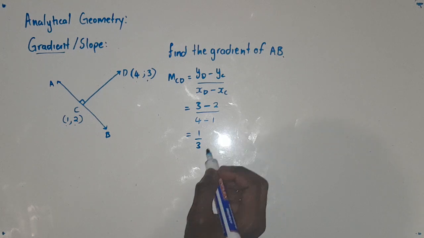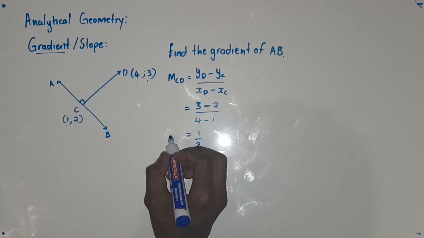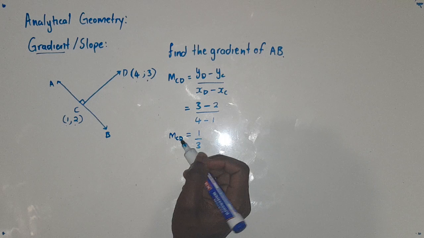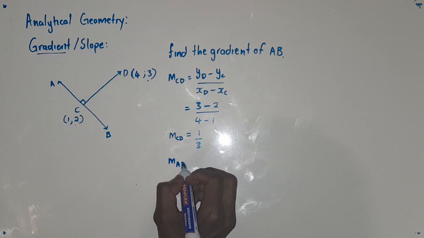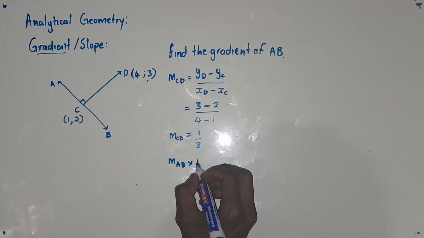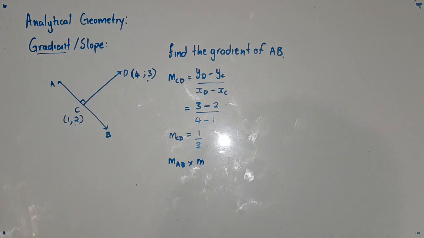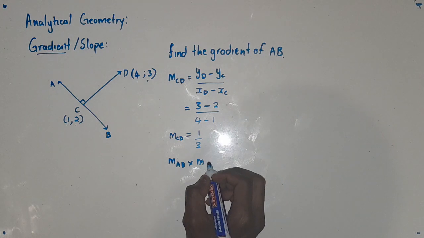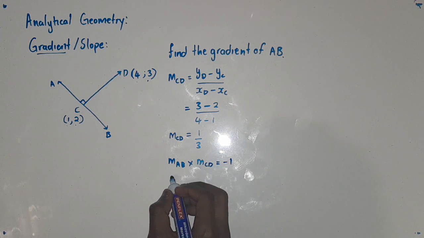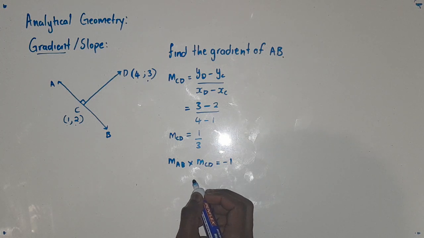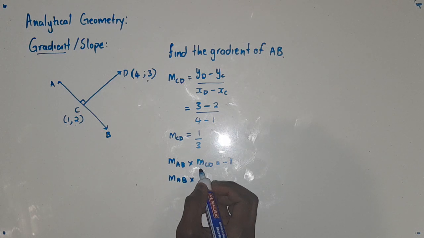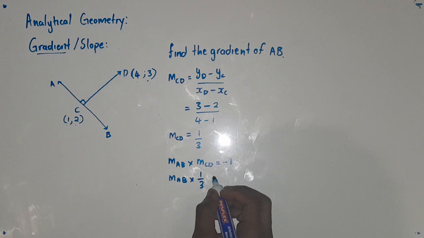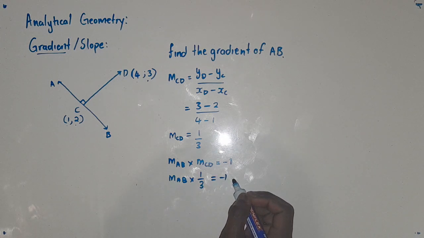We get 3. Then this is our gradient for CD, 2 over 3. We need now the gradient of AB. Consider this, because these two lines are perpendicular, the gradient of AB times the gradient of CD is -1.